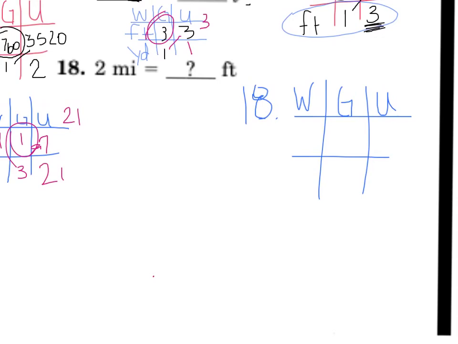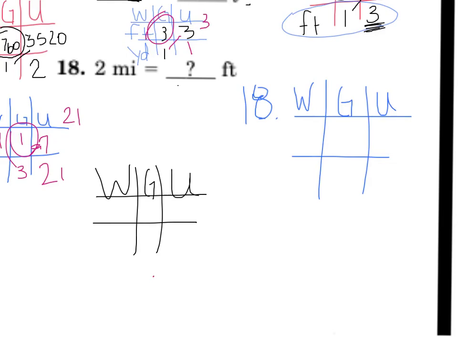Okay, guess what? We don't have miles and feet on the mathematics chart, so we're going to have to change, because what they have on the math chart is miles and yards and feet. That's what we're going to have to do, is change miles to yards first. Miles and yards.